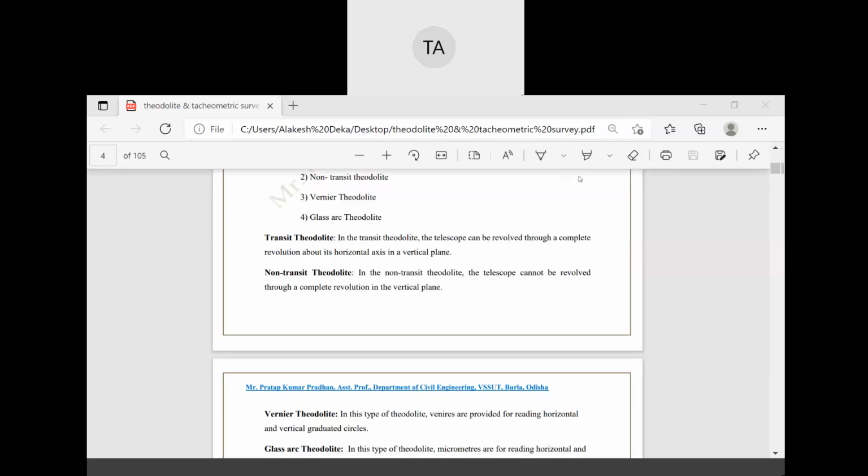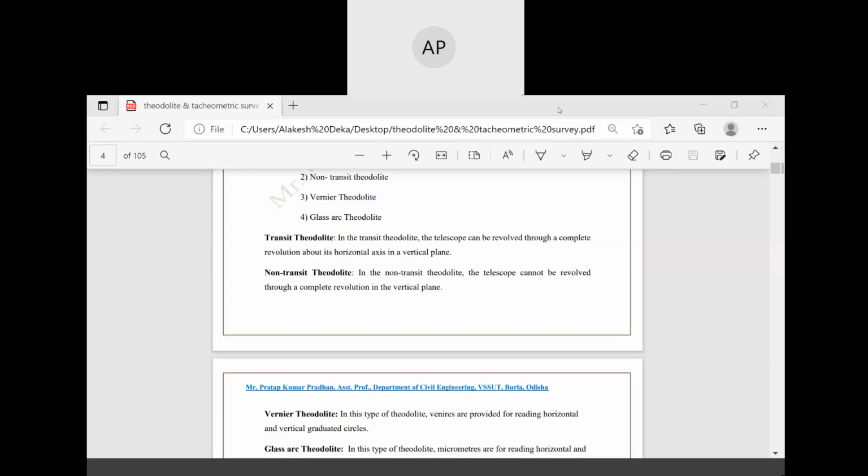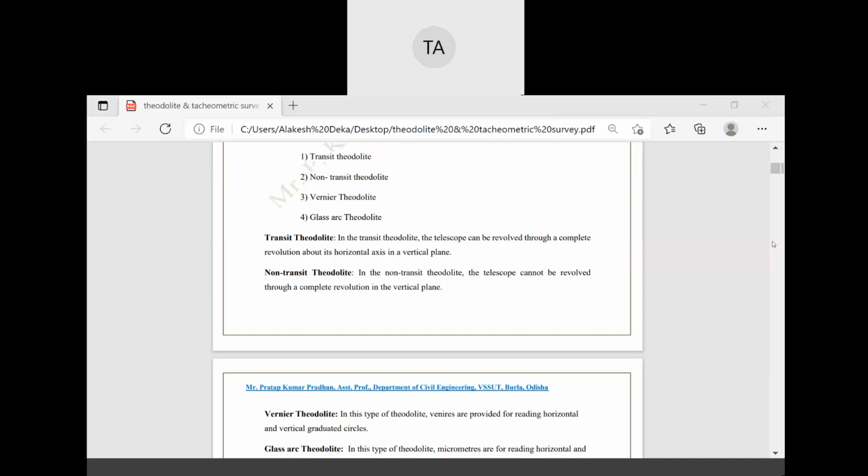It's not officially given, that's why we have not shared. Officially, they told that it is the provisional one, so don't share like that.